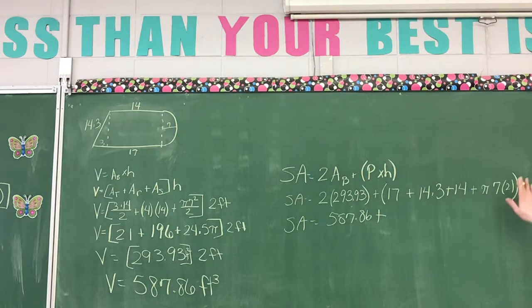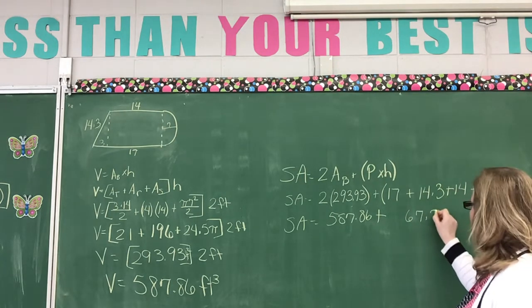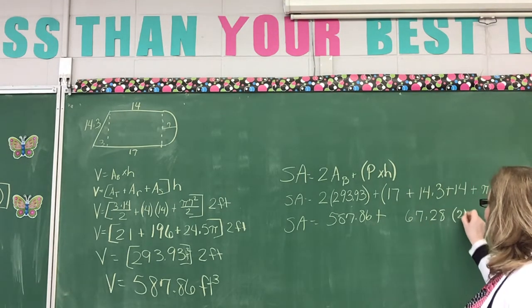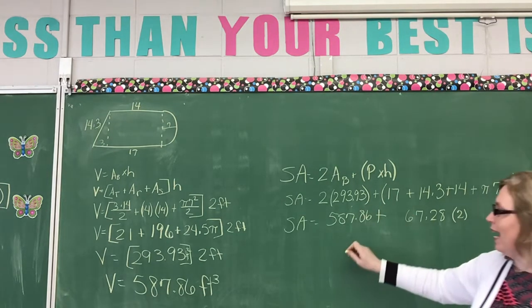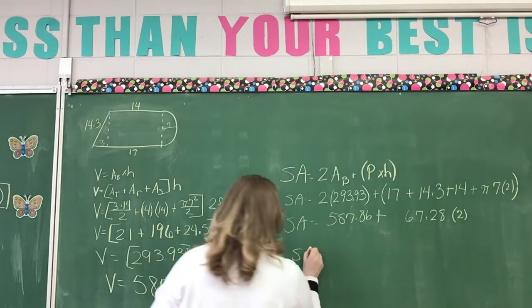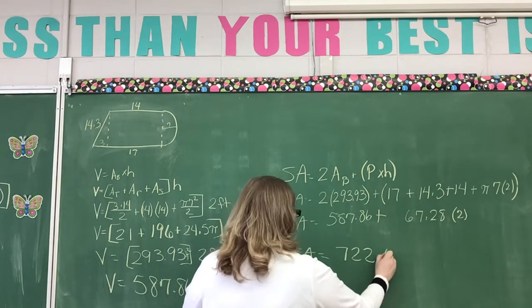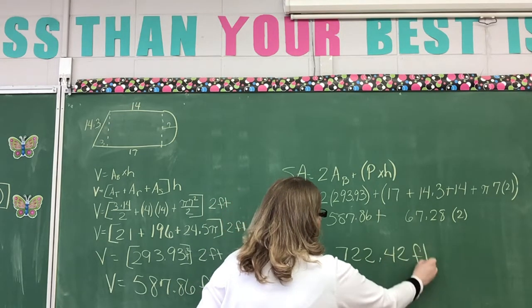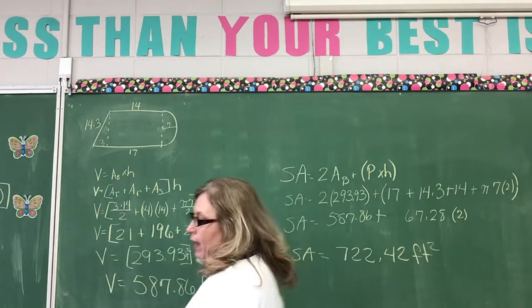Well, let's just do up to the 7 here. And we're going to get 67.28. And then we're going to multiply that by 2. All right. So once we multiply this by 2, and we add this all together, your surface area is going to be 722.42 feet. Okay, and that's square, of course, because it's area.